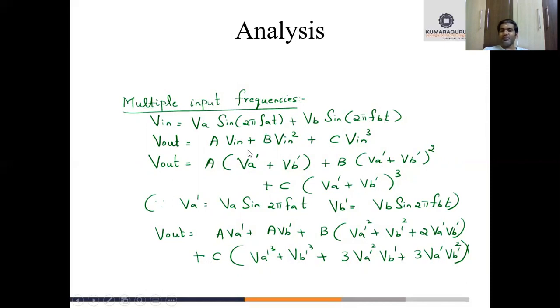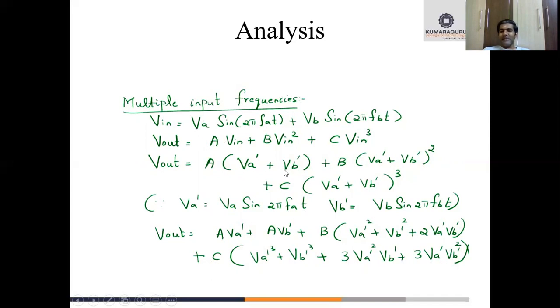And you know your input-output relation is given by V out is equal to A times V in plus B times V in square plus C times V in cube. So here, A into V in. V in is what? This additive sum, correct or not? So VA sine 2 pi FAT plus VB sine 2 pi FBT. For simplifying the calculations, I'm just assuming VA sine 2 pi FAT as VA dash and VB sine 2 pi FBT as VB dash. Okay, for simplification. So what will be my V in now?